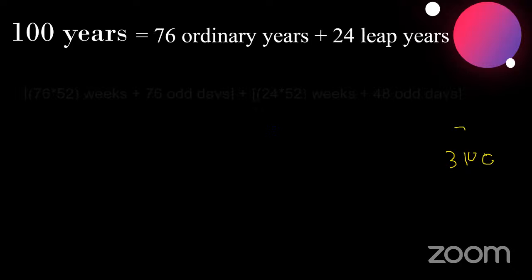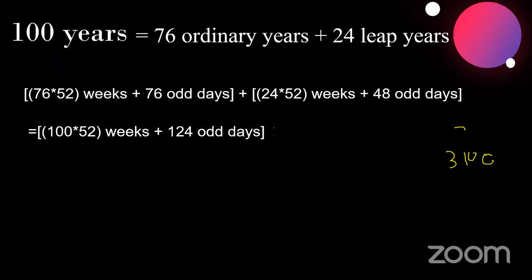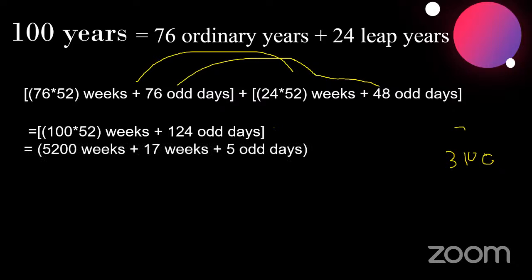So in this, after calculating the number of weeks, you will be getting how many weeks and how many days there are. So we calculate the total number of weeks and the total number of days. After that, 76 into 52 and 24 into 52? 100, ma'am. Yes, 76 and 24 is 100, right?